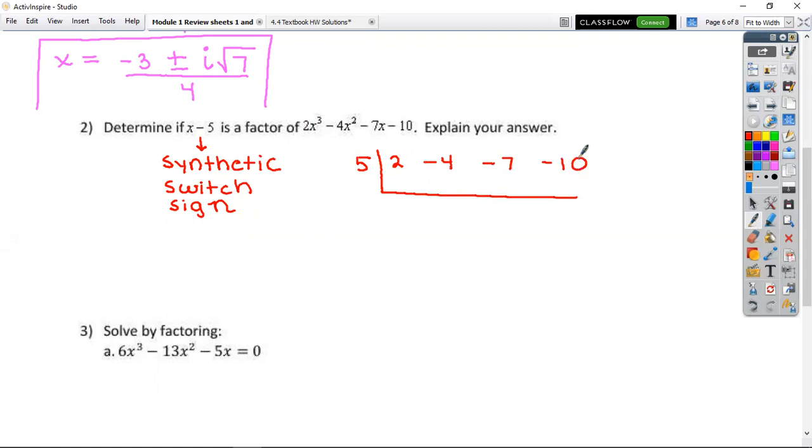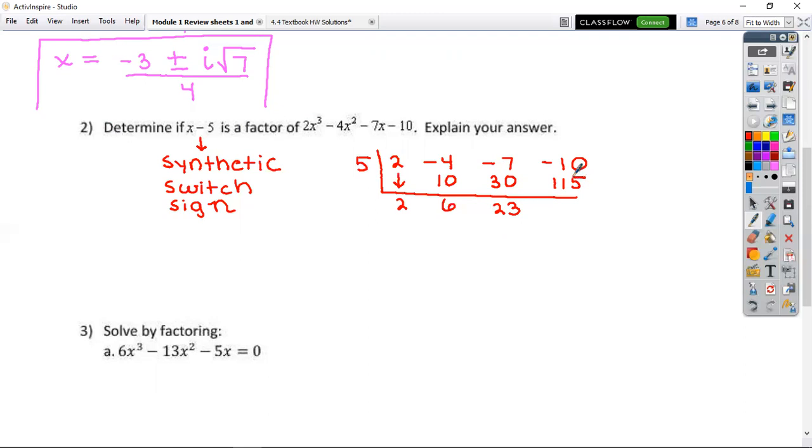You don't need any placeholders. First number comes straight down. So here's 2. 2 times 5 gives me a 10. Add straight down, I get 6. 6 times 5 is the 30. And then 30 minus 7 gives me 23. This is getting large. So 5 times 23 is 115.